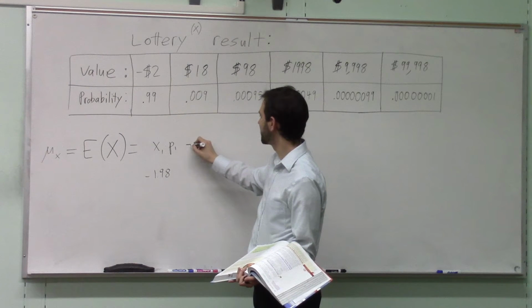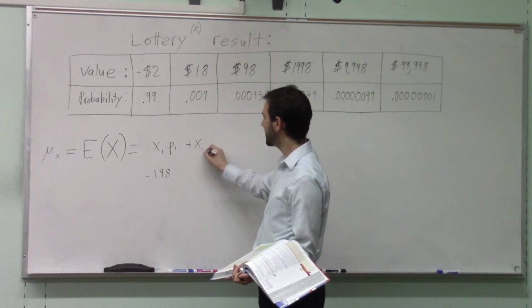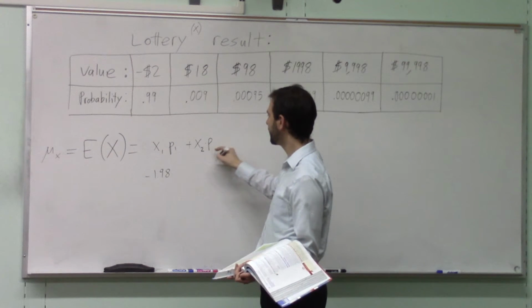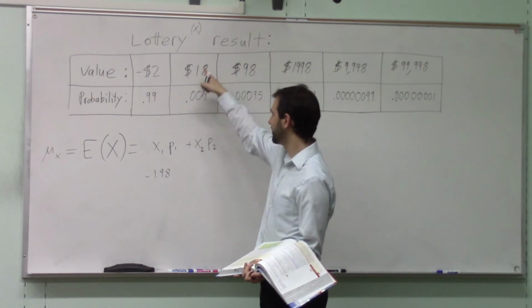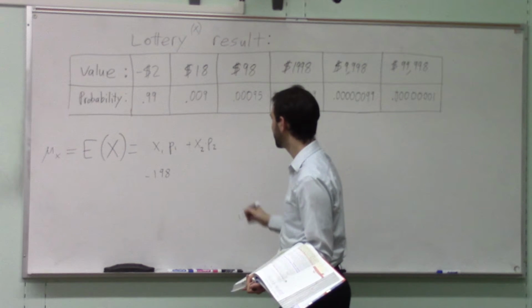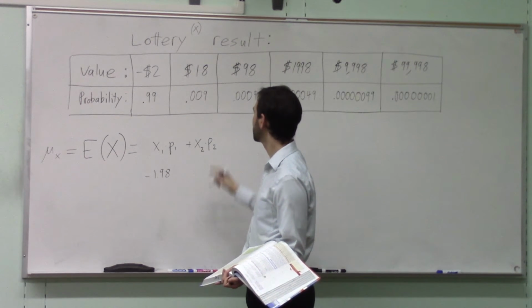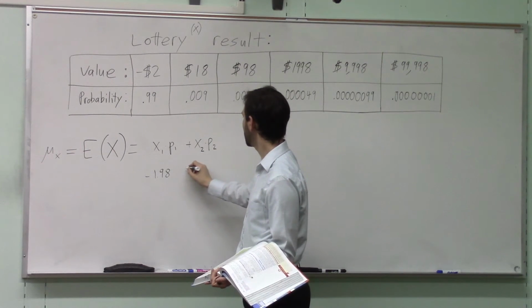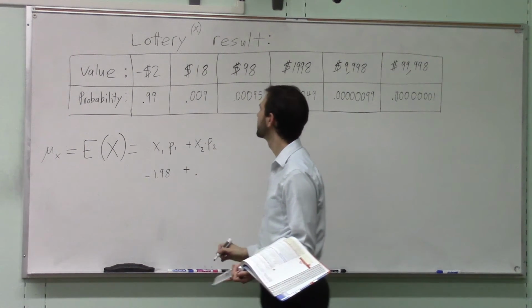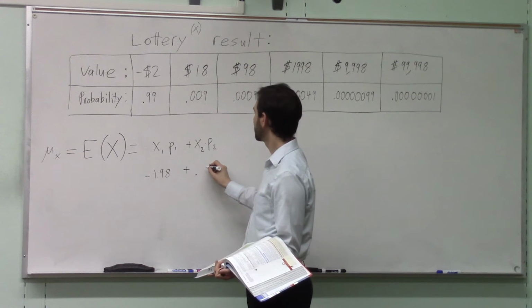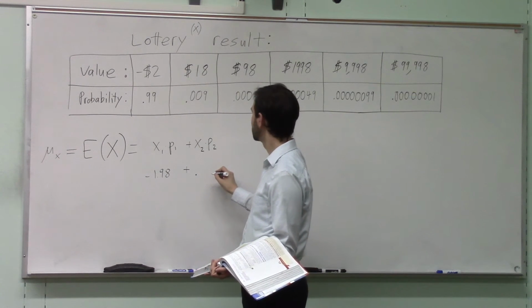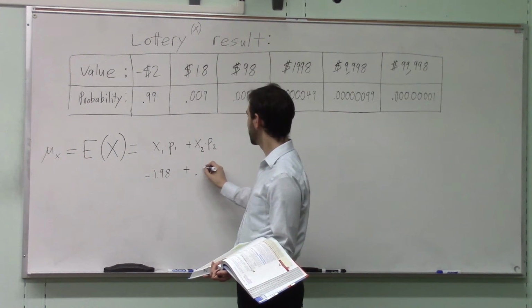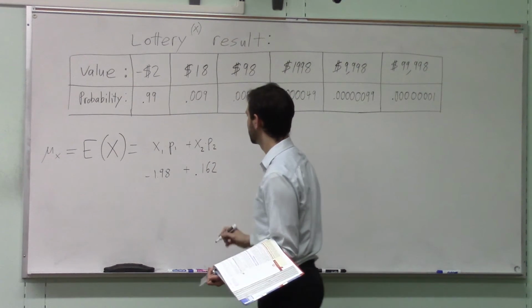But then there's also the second event and its probability, x2 and p2, the second event times its own associated probability, which would be, this way, and then you'd have positive point, I want to say, 162.